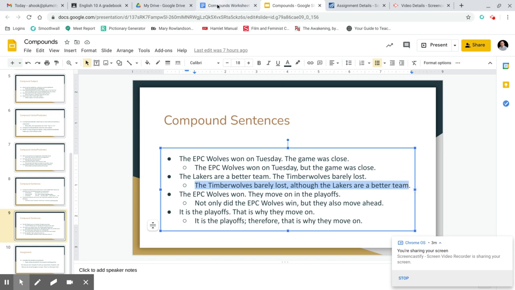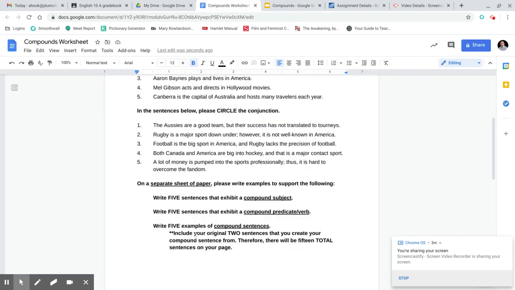So it would essentially be 3 sentences per example. So 3 times 5 would be 15. So this bottom one for compound sentences would actually be 15 total sentences. And then you would have 5 sentences for the compound predicate and 5 sentences for the compound subject.